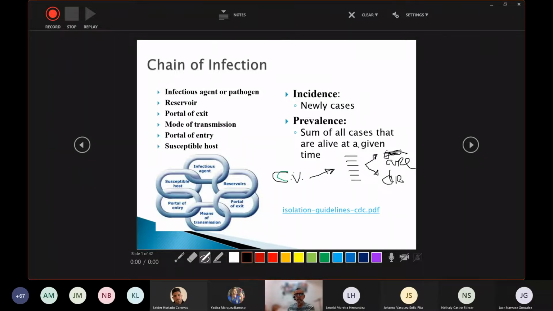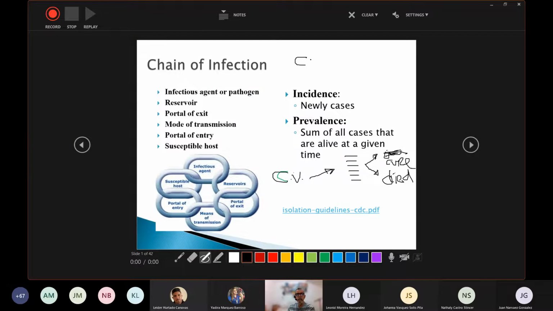So after a while, the people that have coronavirus don't have coronavirus anymore, because either they cured or they died. And this is a disease with a very high incidence, because in one day you have many new cases.